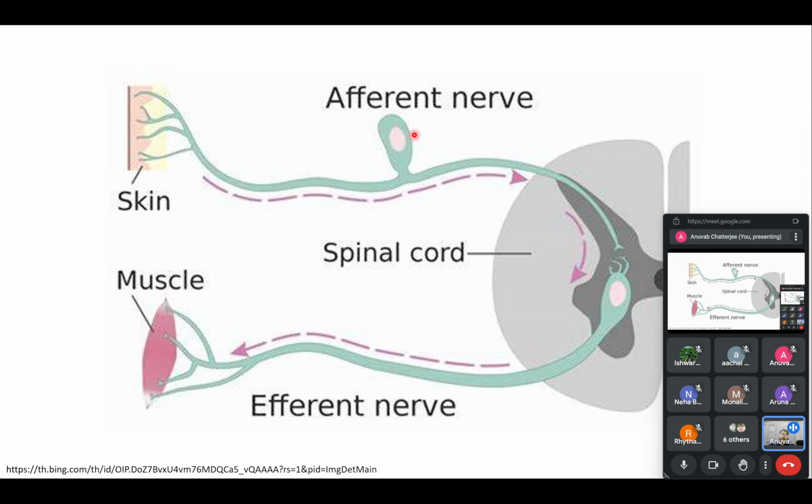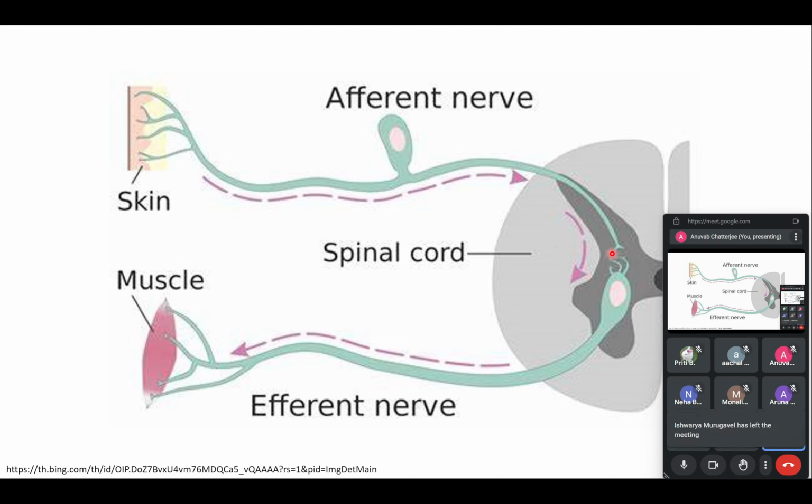First is an afferent nerve, or a sensory nerve. This nerve receives the stimulus from the external environment, could be present on the skin, and conducts the information from the sensory organ to the spinal cord, or the dorsal horn of the spinal cord.